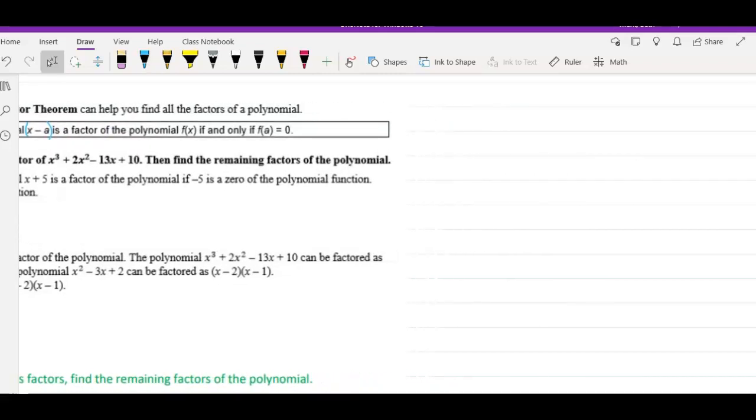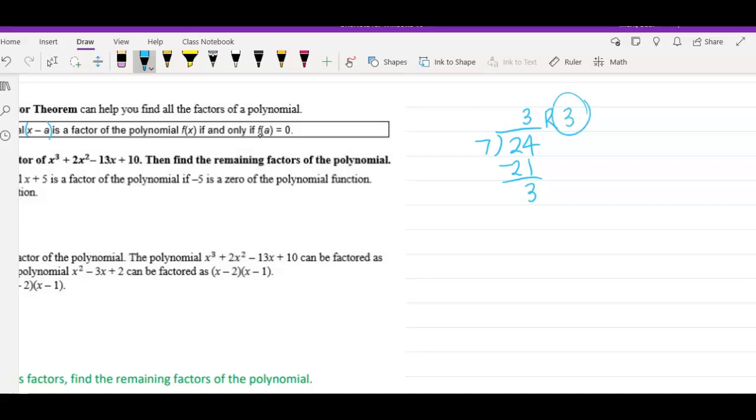So if we go back to another example like 24, is 7 a factor of 24? Well, of course it's not. We know that. We know 7 is not a factor, but why is it not a factor? Because when I divide by 7, I get a remainder of 3.